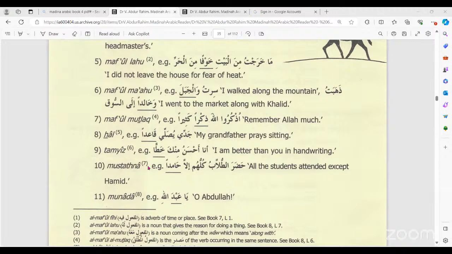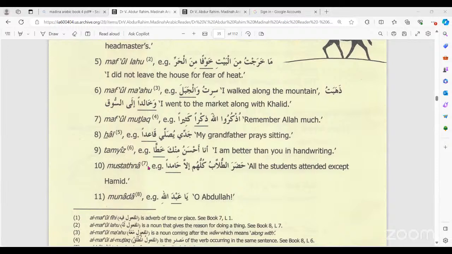There's waw al-qasam, waw al-haliya, waw al-ataf, waw al-musta'nafa, waw al-za'ida. I think there are about 8 or 10 types of waws in the Arabic language.